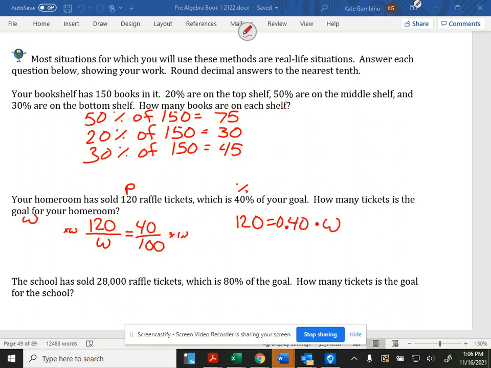The equation looks easier to me. Okay, you don't have to do everything as a proportion. If it looks confusing, switch over and do it as the equation. If I'm going to do the equation side, I know if I'm multiplying by 0.4, I need to divide by 0.40. 120 divided by 0.4.